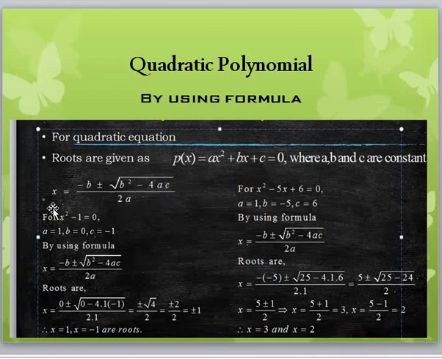We have some examples. x² - 1 = 0. Here a = 1, b = 0 and c = -1.